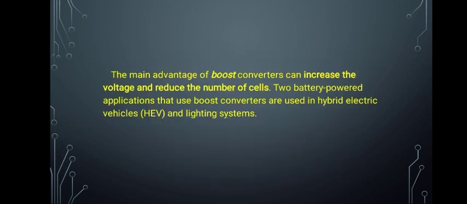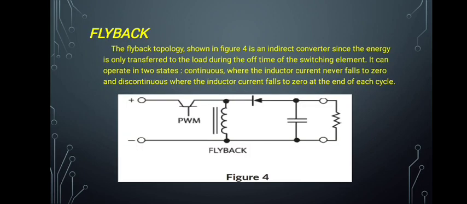The main advantage of boost converters is that they can increase the voltage and reduce the number of cells. Two battery-powered applications that use boost converters are hybrid electric vehicles, or HEV, and lighting systems. The last one is flyback.